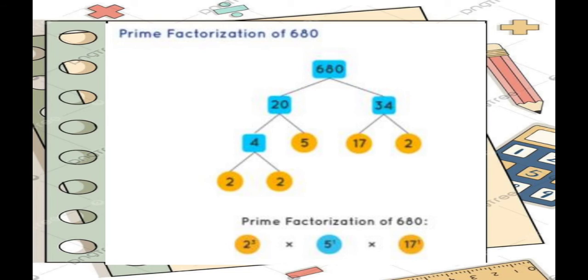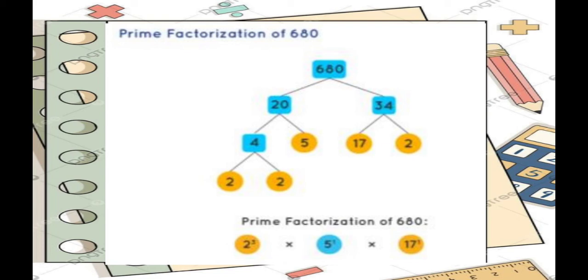So let's also have the prime factorization of 680. Let's also have the example of the factor tree method. The factors of 680 are 20 and 34. The factors of 20 are 4 and 5. The factors of 34 are 17 and 2. 4 can be factored also: the factors of 4 are 2 and 2.